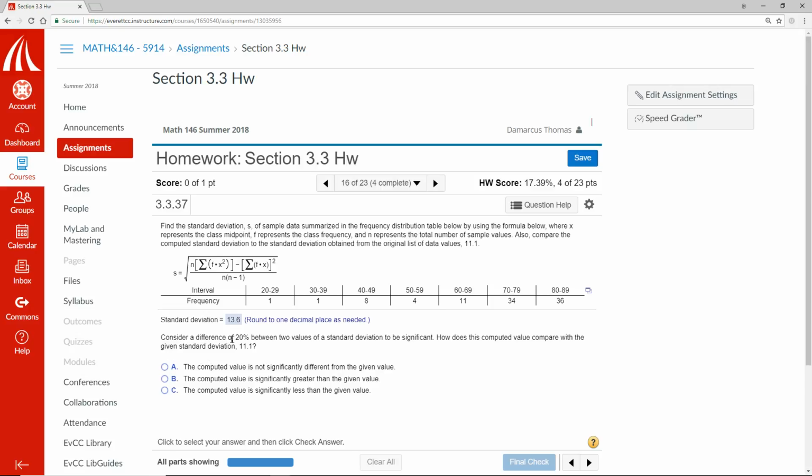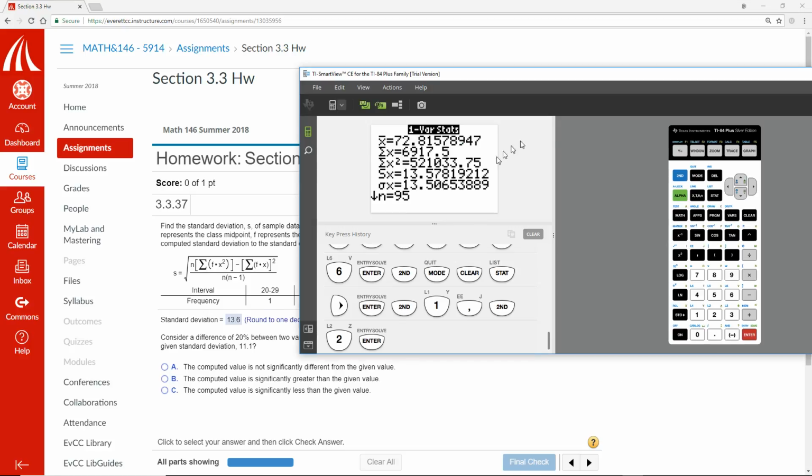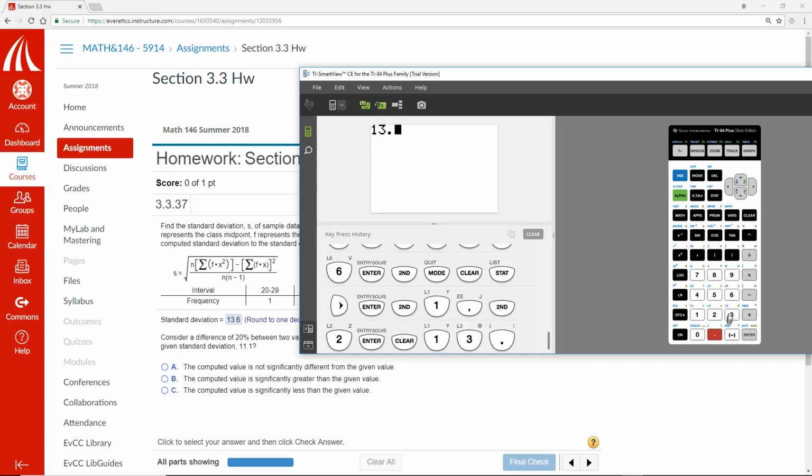Consider a difference of 20% between two values of a standard deviation to be significant. How does this computed value compare with the given standard deviation of 11.1? Well, let's see. The difference between 13.6 and 11.1, if we were to go back to our home screen and calculate the difference there, I'm getting 13.6 minus 11.1.